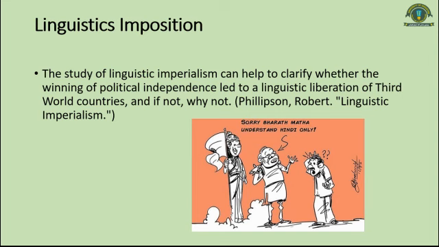Linguistic imposition is basically the study of linguistic imperialism, and that study can help to clarify whether the winning of political independence led to a linguistic liberation of third world countries, just as India, Pakistan, Zimbabwe, Uganda, Bangladesh, and if not, why not?